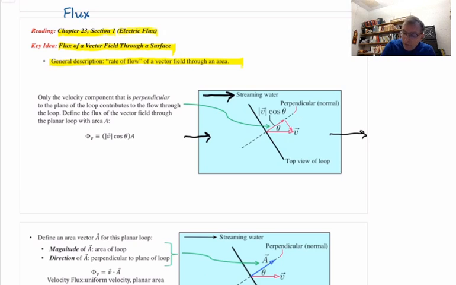At any given point in the stream, the water has a velocity vector v arrow, and at any given point, like here, that velocity vector v arrow is exactly the same as any other point. I'm trying to draw those red arrows exactly the same, okay? Same magnitude, same direction. We have what's called a uniform vector field. It's a velocity field, right? At every point in the stream, there is a certain velocity in meters per second.